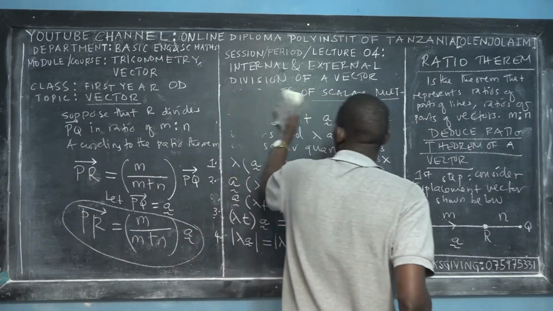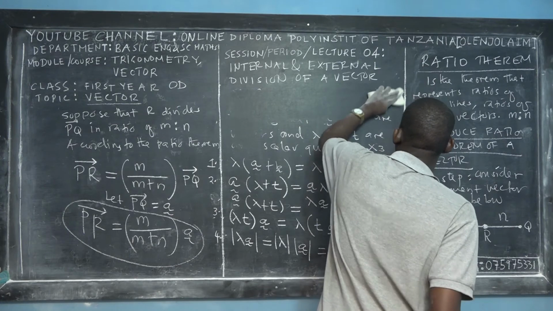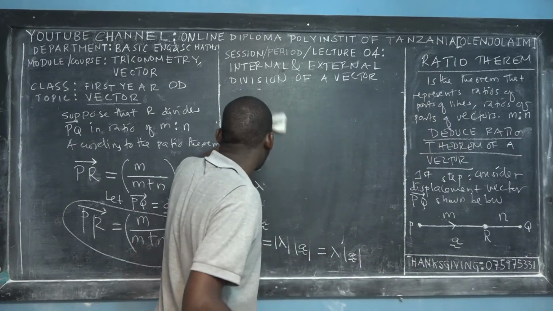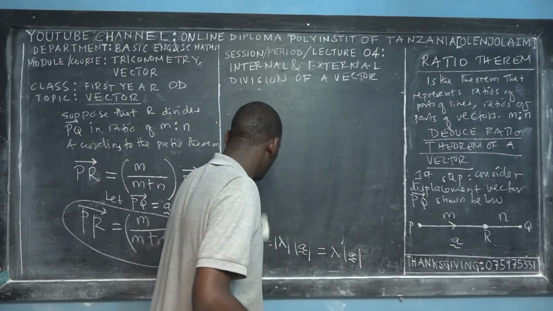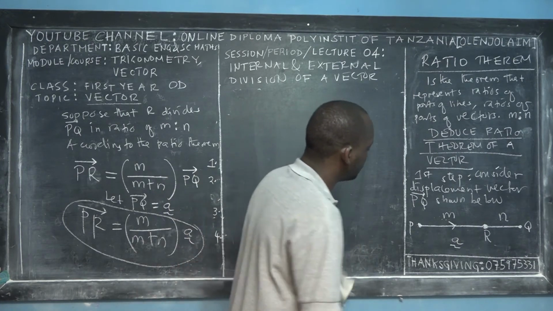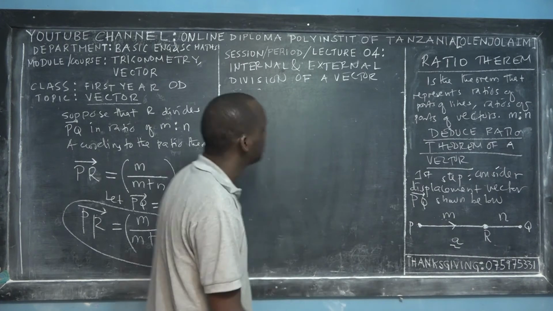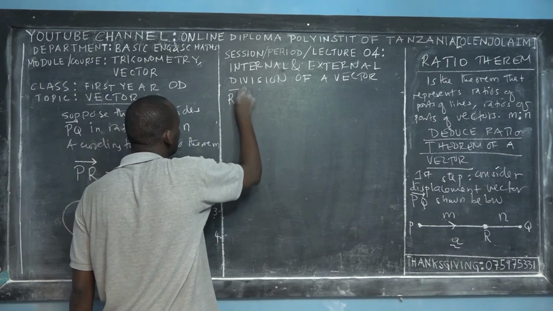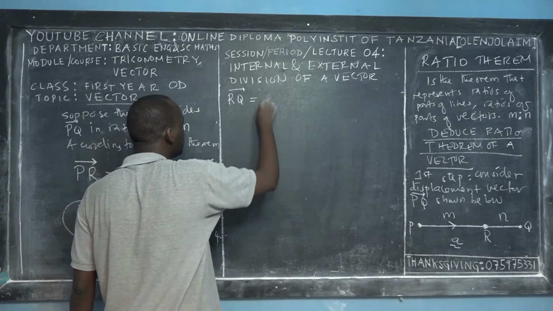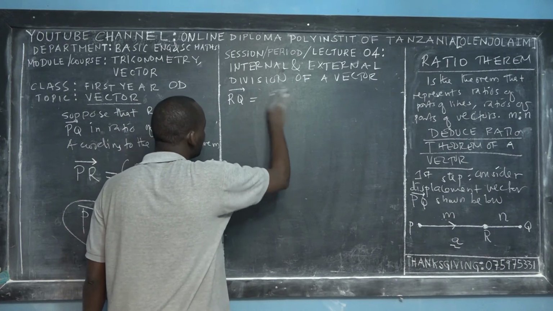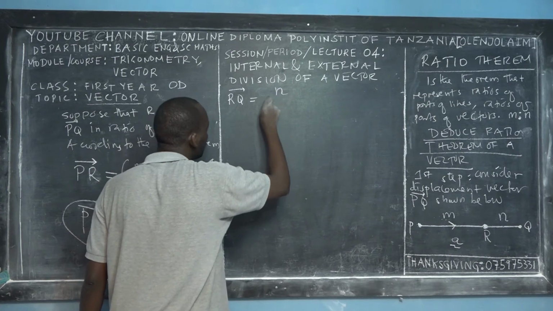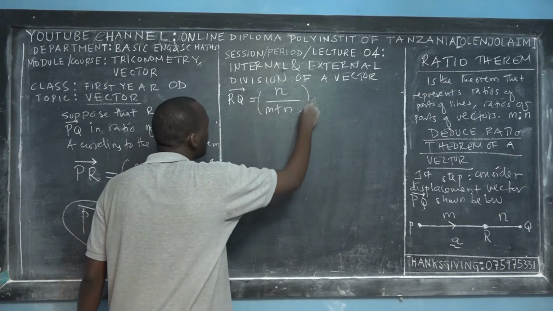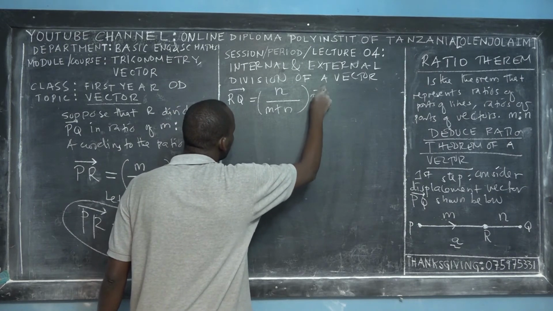Okay. Again, we have another formula of the ratio theorem, which is for the second part of vector PQ, or vector A. The second part is RQ, right? So vector RQ is obtained by taking its corresponding ratio, which is N, over the sum of the ratios, multiplied by vector PQ.